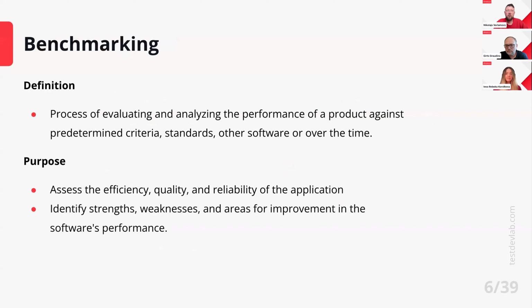As for the overview, as for the benchmarking definition, we say it's a process of evaluating performance of a product against certain criteria. It can be other software or other specific standards. If we talk about audio and video performance benchmarking, it primarily analyzes the changes in quality and other factors through time.